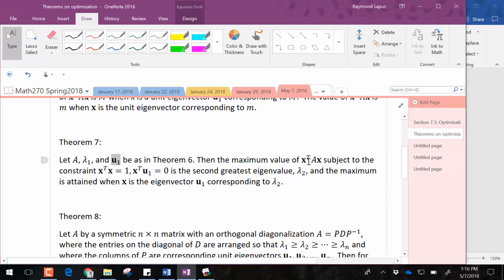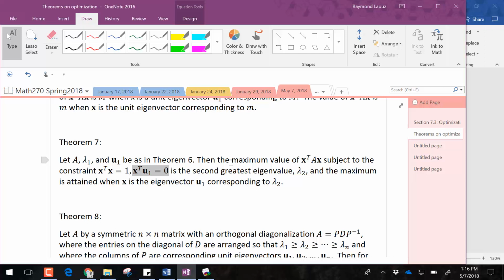Then the maximum value of this subject to the same constraint, but now we're going to add on another constraint. By adding on this other constraint, you're essentially taking away the largest eigenvalue already. Then the second greatest eigenvalue is going to be the new maximum.